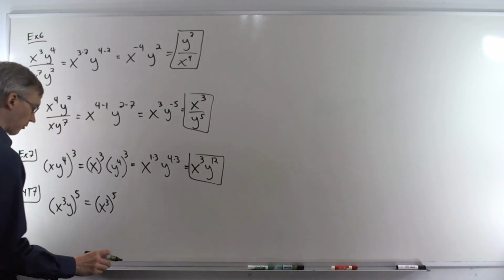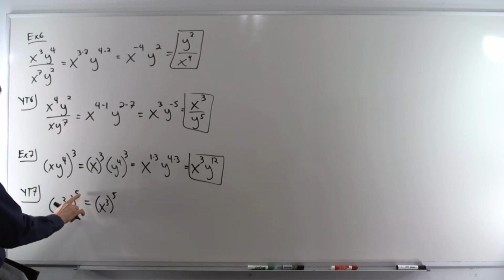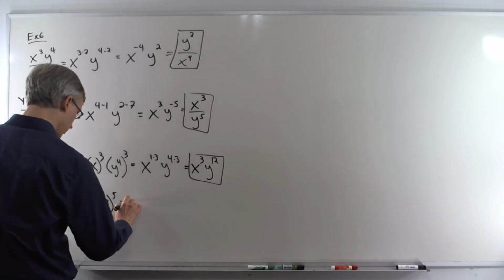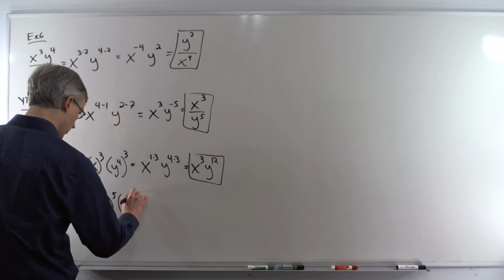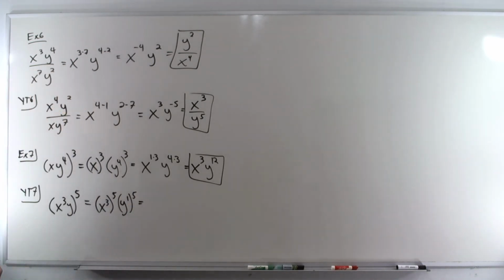I'm sorry, power rule B, x to the 3rd to the 5th. That means power rule B says apply this to all factors inside the parentheses. So you get x to the 3rd to the 5th and y to the 1st to the 5th.